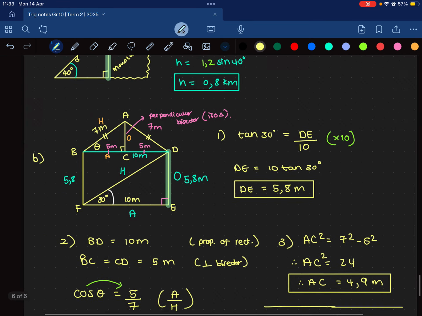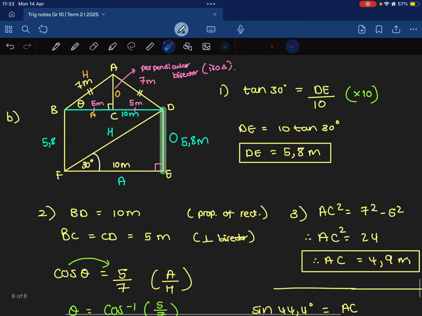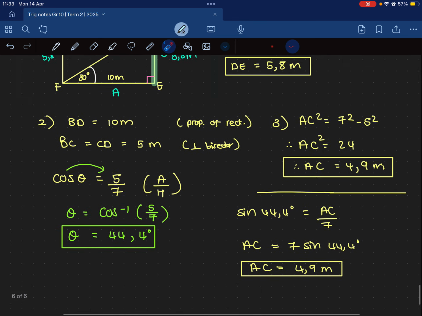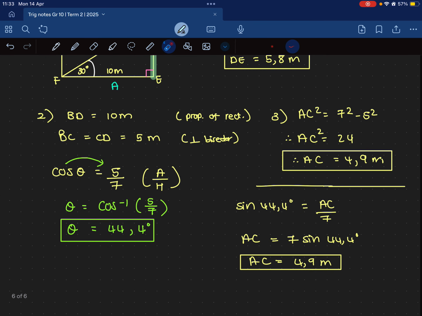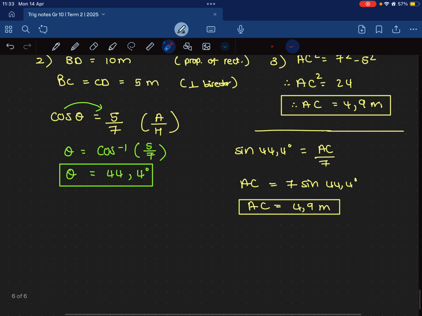You can also do tan: tan of theta is AC over 5, and you do the exact same thing. So you have 3 different ways that you can solve this. As long as you get to 4.9 meters, you would have done the process correctly.